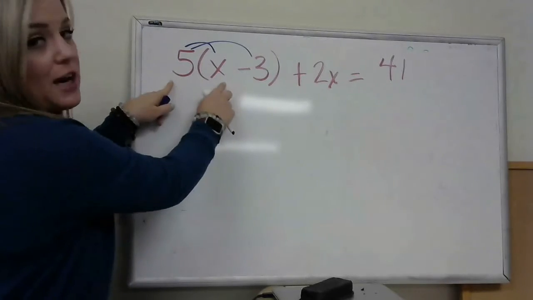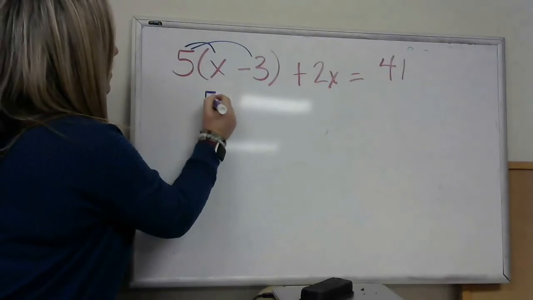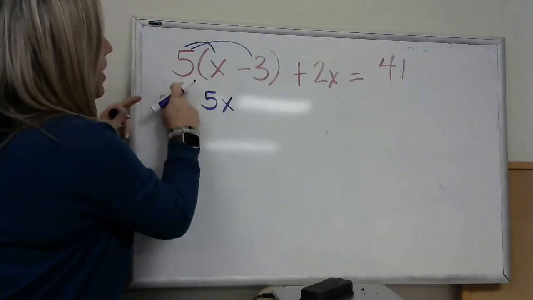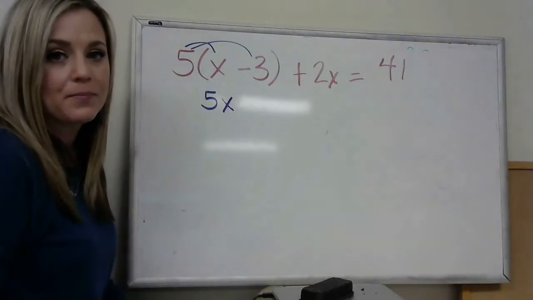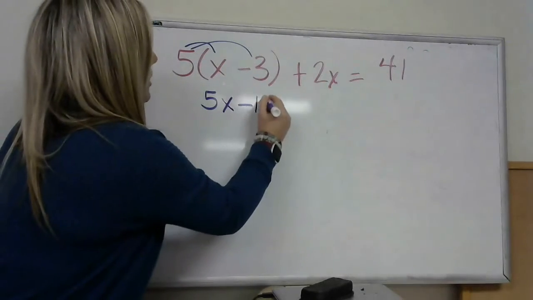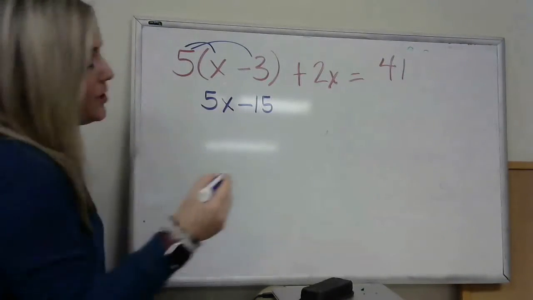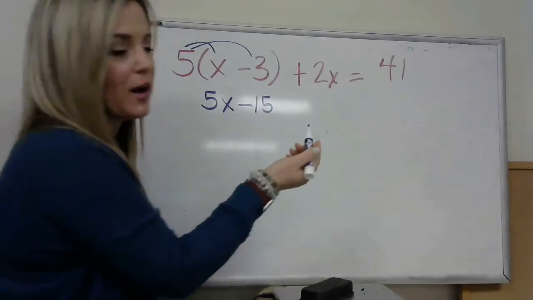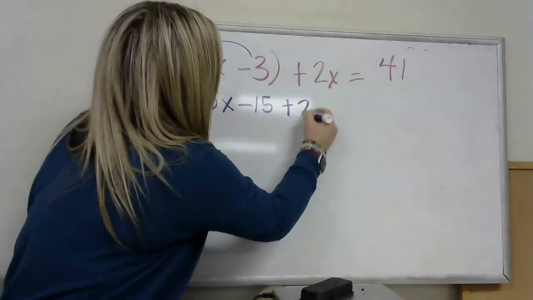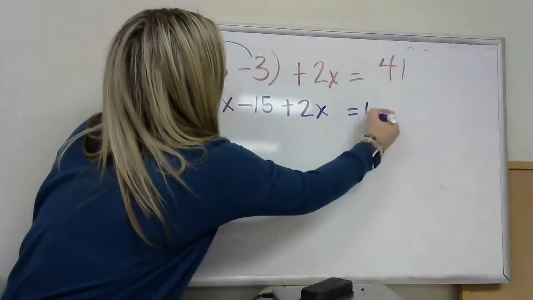So what is 5 times x? 5x, and then 5 times negative 3, negative 15. Remember, if you have a calculator, you should use it, even though you probably could do that in your head. Then it's plus 2x is equal to 41.